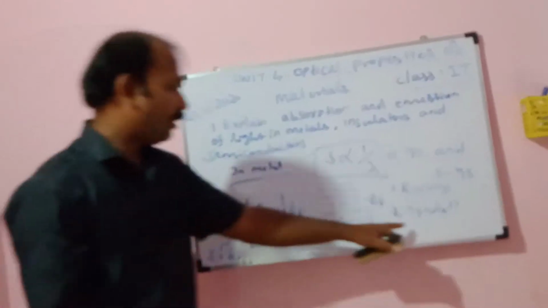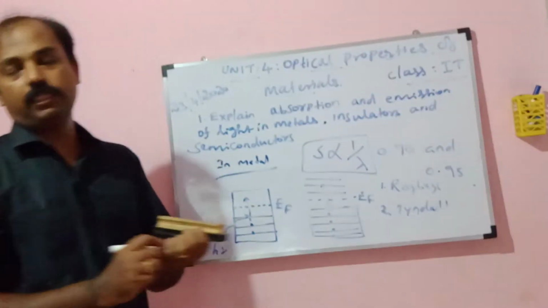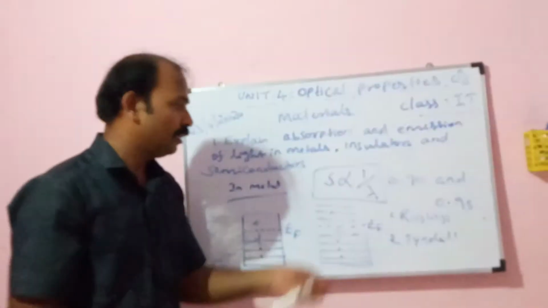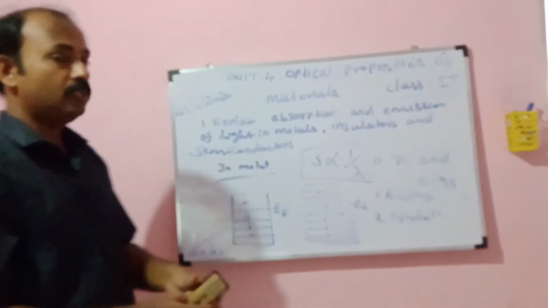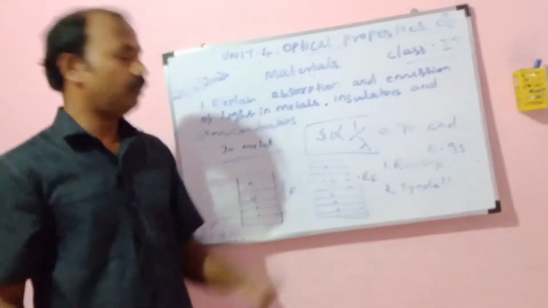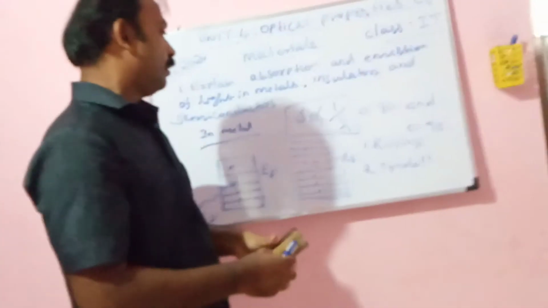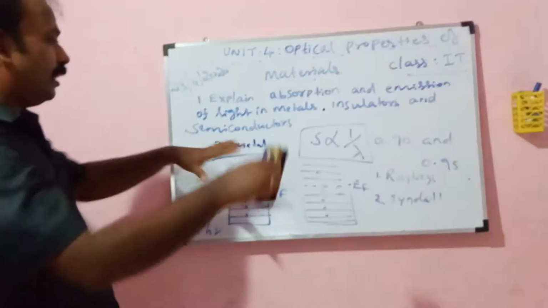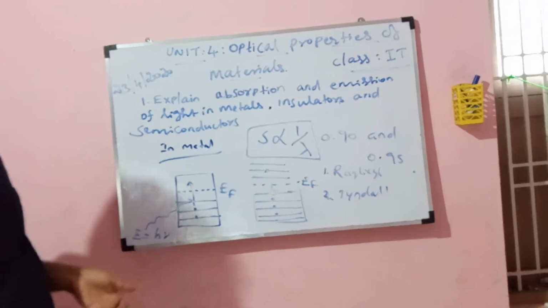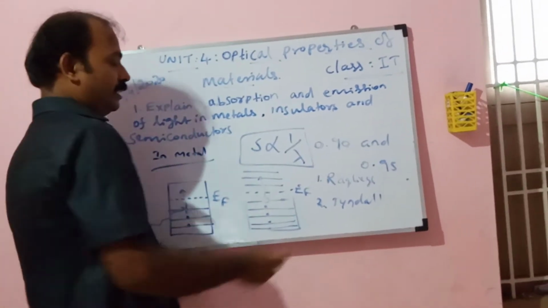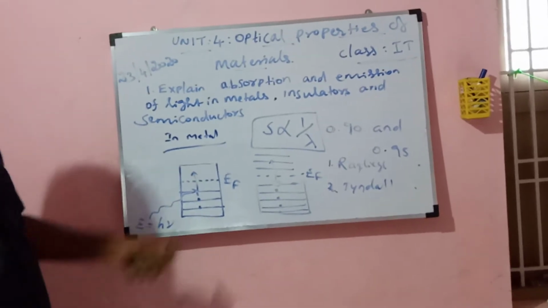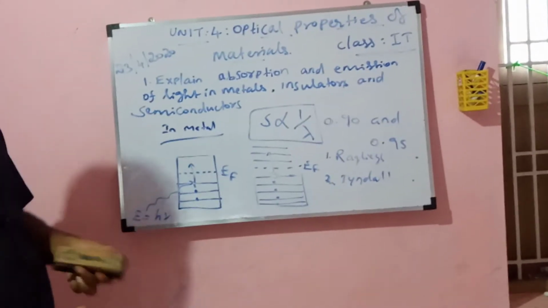The Tyndall effect also explains that low wavelength light like blue is scattered very much and the higher wavelength is going to be absorbed. So these are the different methods of scattering: Rayleigh scattering and the Tyndall effect.